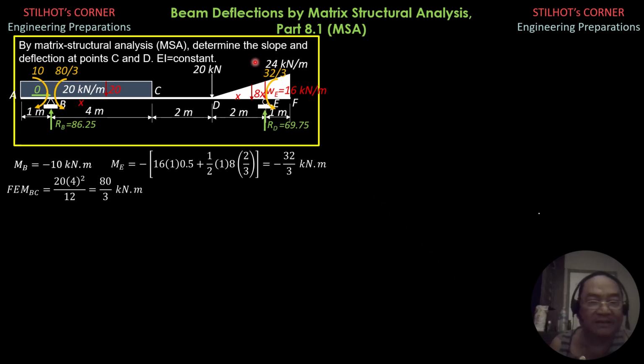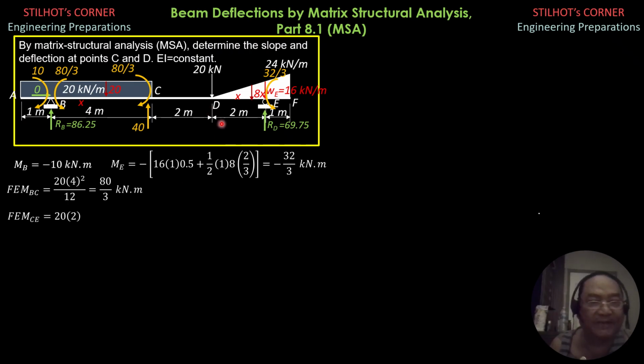At C, it's the same by symmetry, but it is clockwise. Because of symmetry, the upward reaction is 40 kilonewtons, half of 20 times 4, as shown. If we consider CD, there's no load in between, so there's no moment.